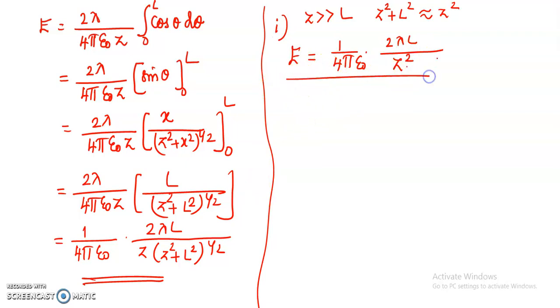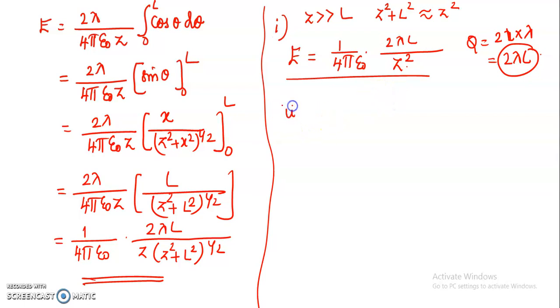From this equation we can conclude that when the distance is far above from the line segment, we can see the electric field as a contribution from a point charge of charge Q equal to 2L into lambda, 2 lambda L. So when the distance z is far above from the line segment, we feel it only as a point charge.